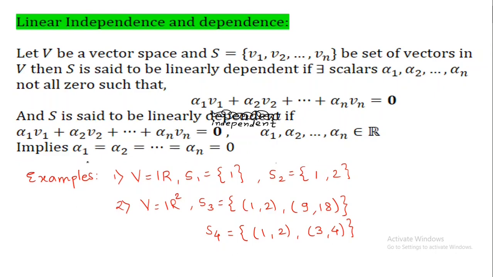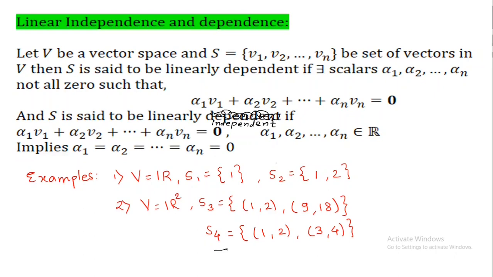If alpha 1, alpha 2 and alpha n come out to be 0, then we will say that the given set is linearly independent, otherwise it is linearly dependent.